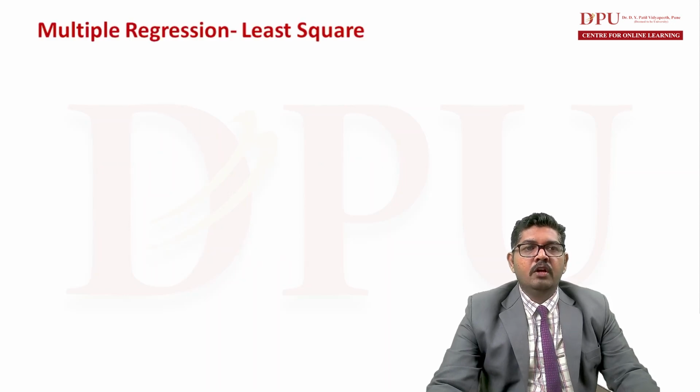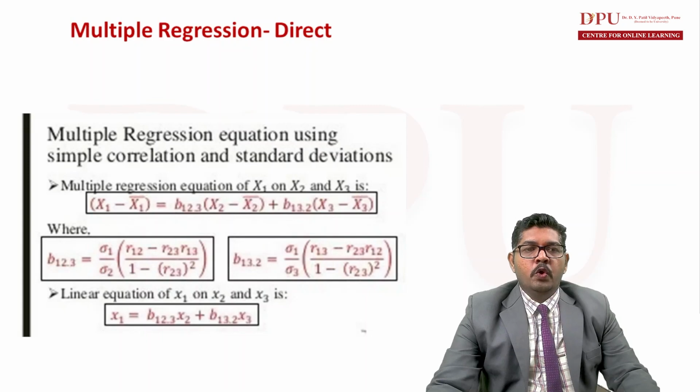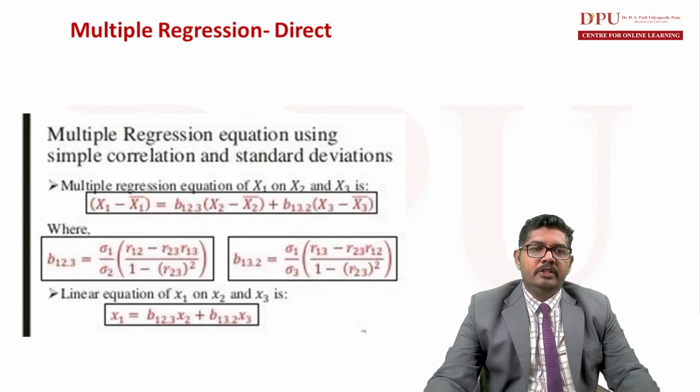Multiple regression. As already discussed, in multiple regression there are more than one independent variable, and by manipulating the values of these independent variables, we have to predict the value of the dependent variable. So this is the equation which we use here. I will write it again.